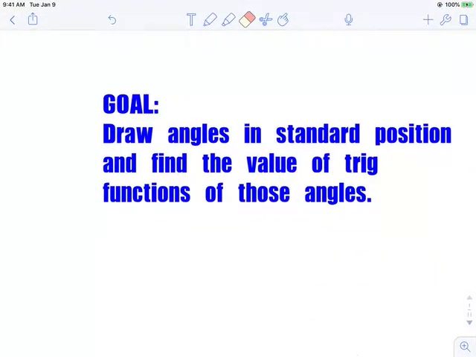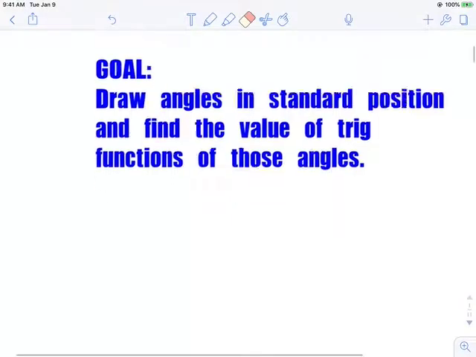Okay, so standard position and find values of trig functions for those angles.